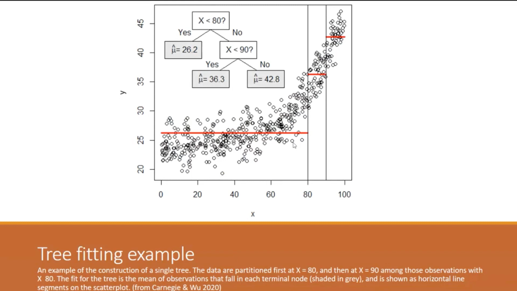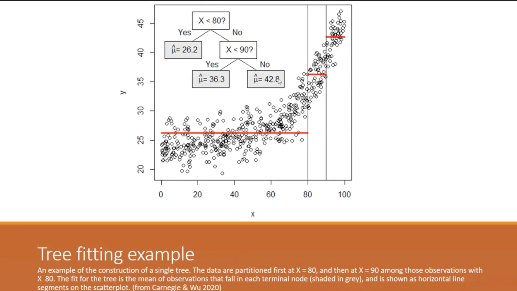And so then for any observation, our regression fit, or our estimate of the response given this tree model, is just, we drop down this decision tree and we say, all right, if I'm looking at this point right here, is X less than 80? Yes, it is. So my best guess is just the average of the Y value for all of these observations, which is 26.2 in this case. If we're looking at, say, this observation up here, is X less than 80?